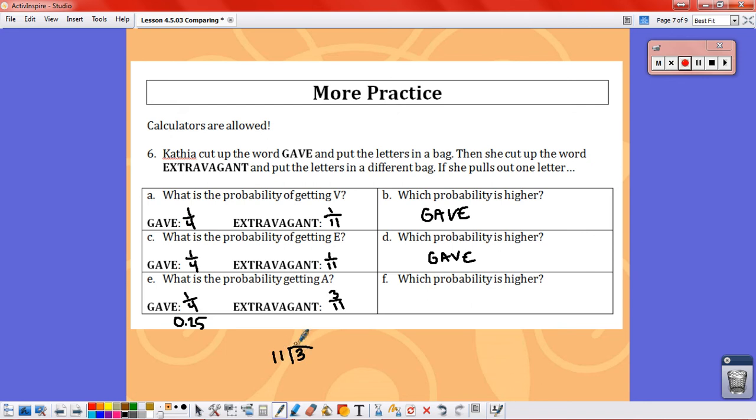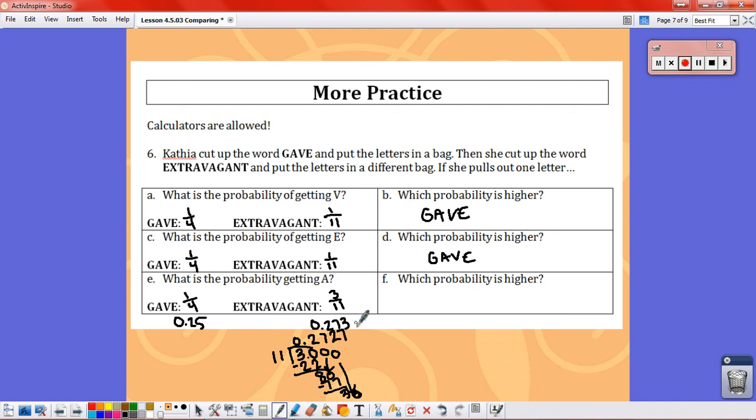And 11 goes into 3 0 times. Goes into 30 2 times, which is 22. 8 left over, bring down a 0. 11 goes into 80 7 times, 77. 3 left over, goes into 30 2 times, and it looks like we're going to have a repeating decimal going on here, because then I'll have 8 left over again, so 0.272 is followed by 7, give it a shove.